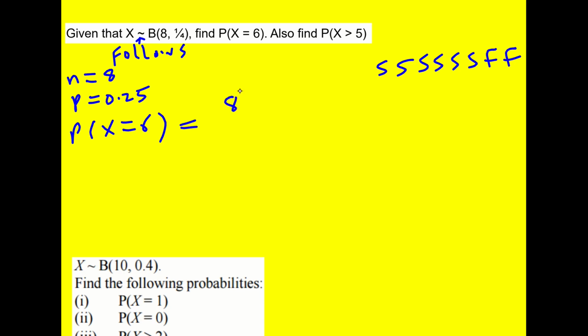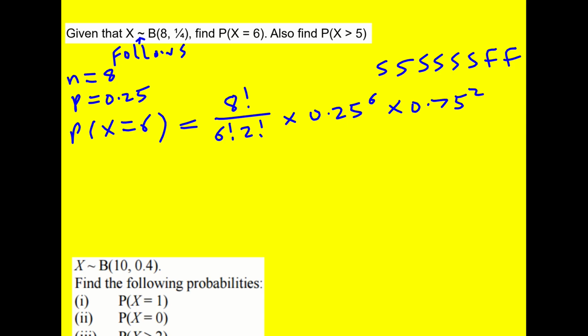There are 8 things that I'm permutating. 6 of them are repeated, the S's, and then the 2 F's need to be taken into account. And then for each single branch on my tree diagram, I'm going to be multiplying by 0.25 six times and 0.75 twice.